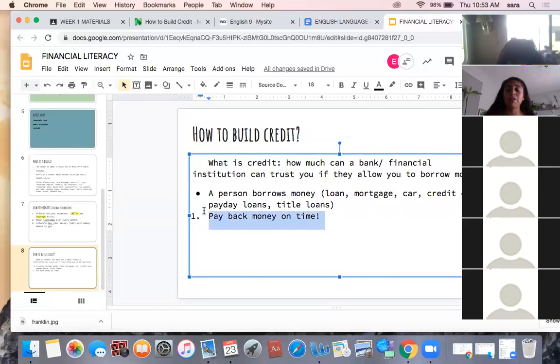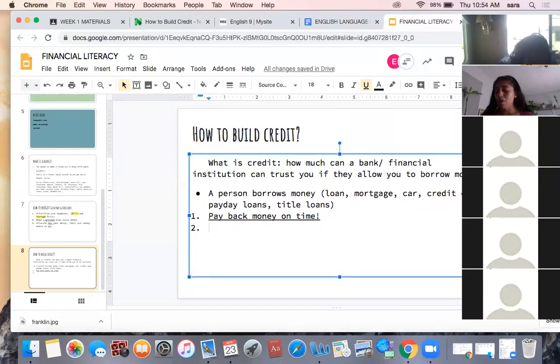A lot of people fall into debt, bankruptcy, and all sorts of trouble because they have not been able to pay back their money on time. They miss a deadline, they don't have enough money to pay back, and so they fall into this big hole and they end up ruining their credit.